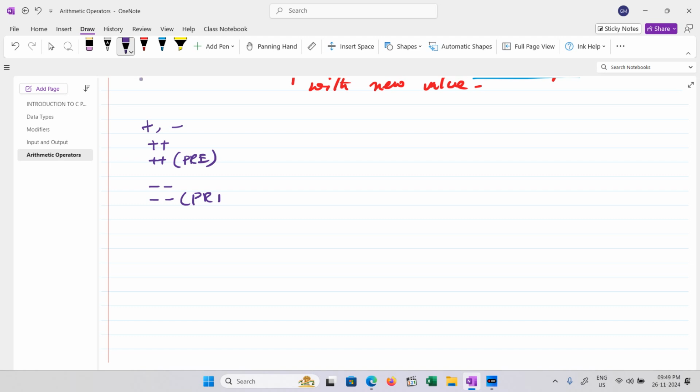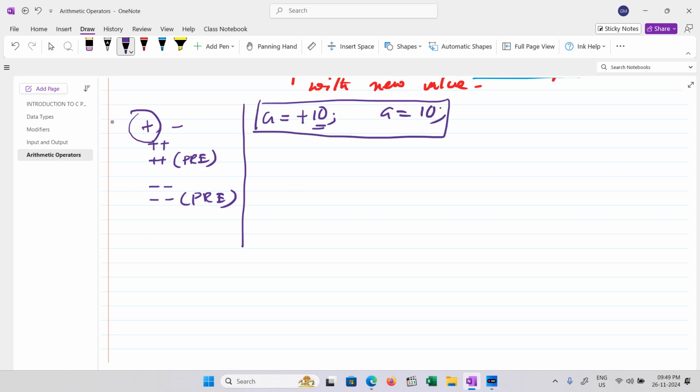Now the unary plus doesn't add any extra meaning to the expression. It simply places a positive sign before the value. Even if I write A equal to 10 or A equal to plus 10, both expressions mean the same.